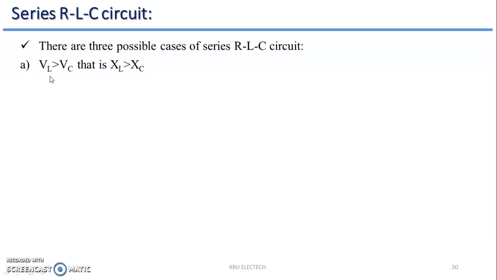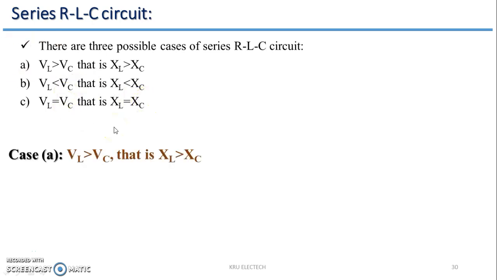Another case is where XC is larger, so the voltage drop across the capacitor is larger than the voltage drop across the inductor. And the last case is VL equal to VC, in which XL equals XC. This is the series resonance case, that we see later in the next video.